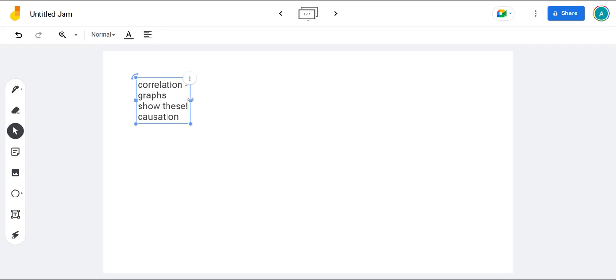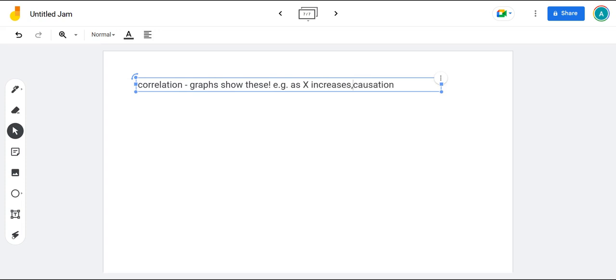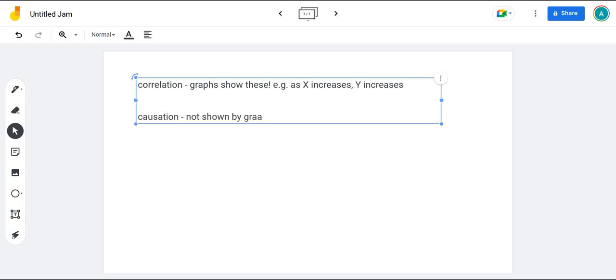So, for example, as x increases, y increases. Whatever is on the x-axis, whatever's on the y-axis. So, e.g., as x increases, y increases. That's a correlation. That doesn't tell us that x caused y. Okay, so causations are not shown by graphs. Okay, graphs show us the correlation.